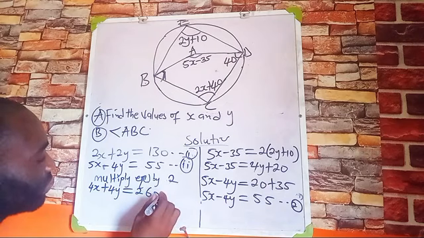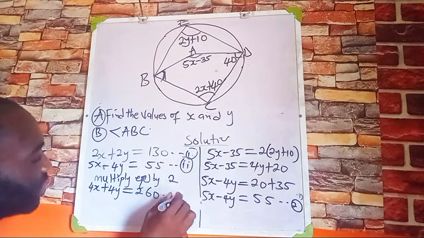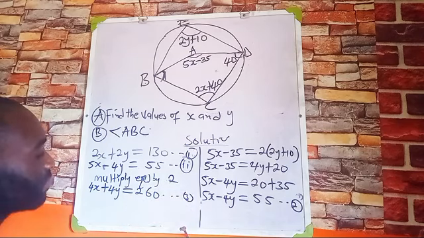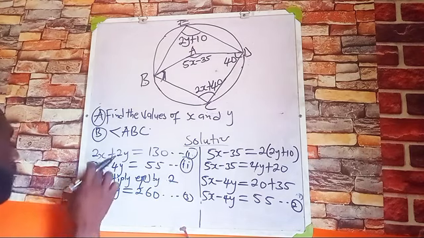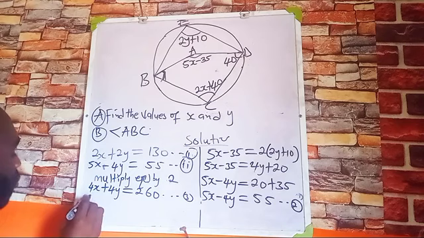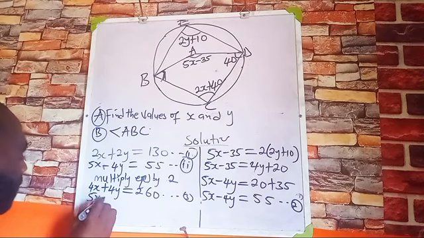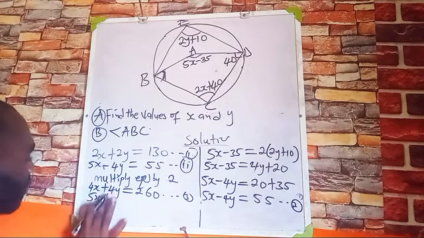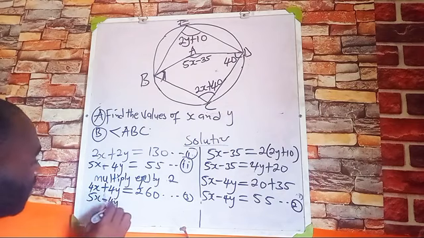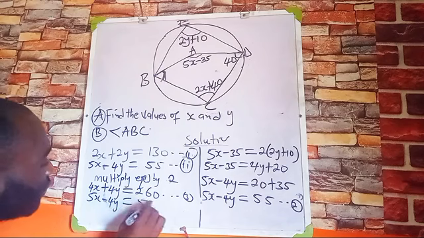So this now becomes our equation 3. So let's bring our equation 2, which is 5x minus 4y is equal to 55.